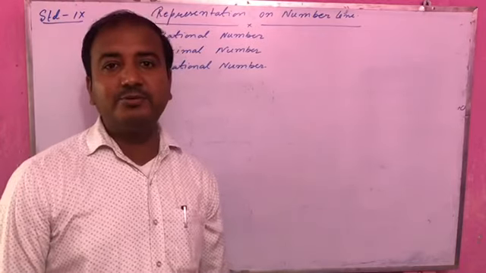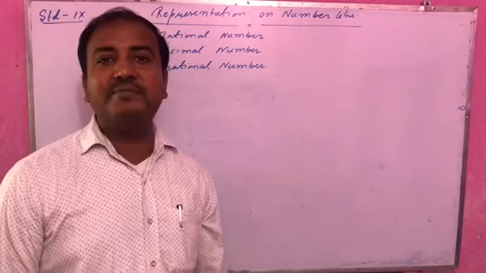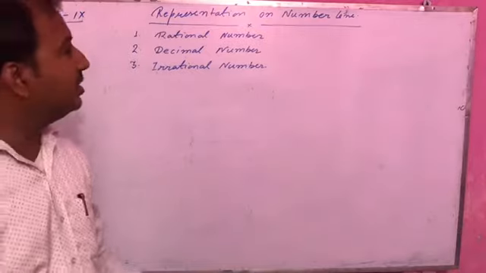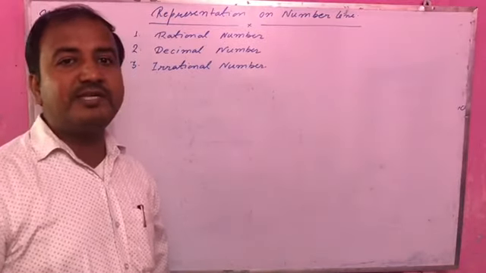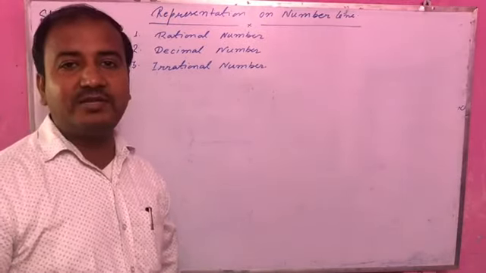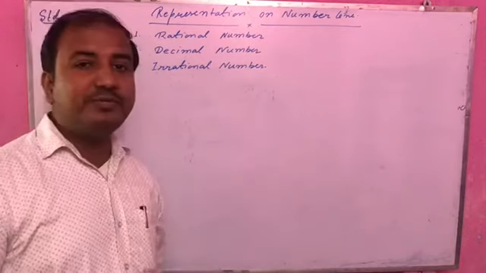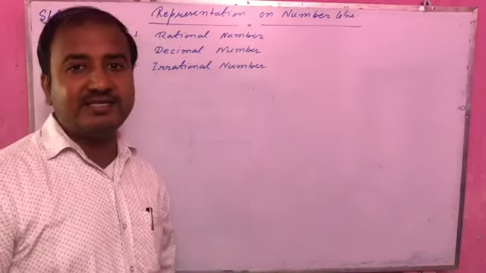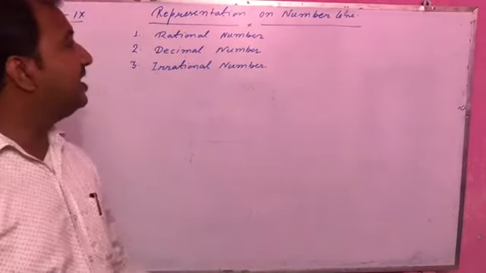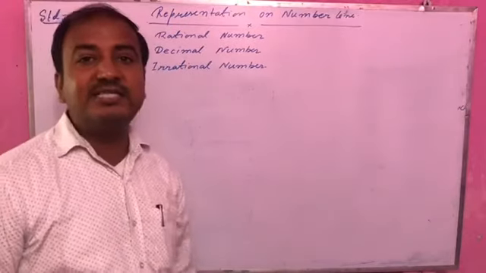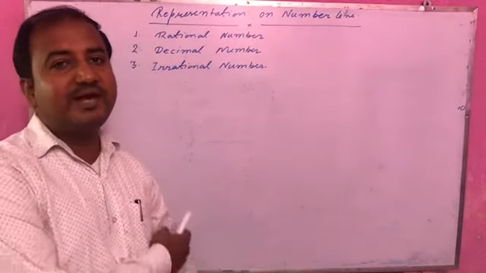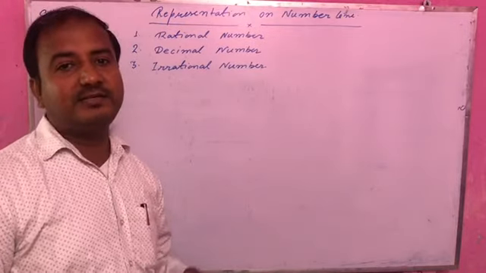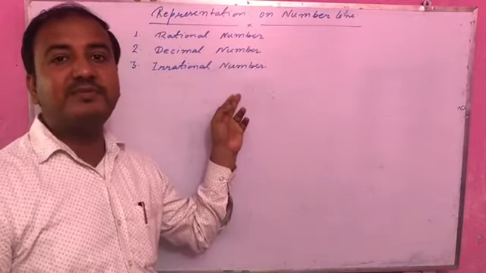If you go through the representation on number line for the chapter number system in class 9, you have to learn how to represent a rational number on the number line, how to represent a decimal number on the number line, and how to represent an irrational number on the number line. मुझे ये तीनों का रिप्रेजेंटेशन इस चैप्टर में सीखना है. So at first we will discuss how to represent a rational, then we will discuss this one, and then we will discuss this one.